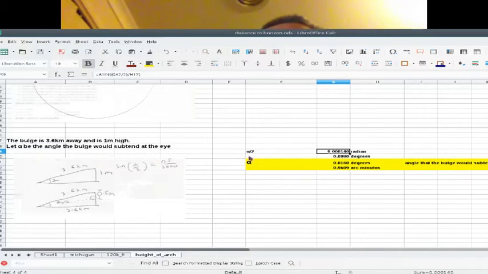So the bulge would only subtend an angle of 0.016 degrees, and it's generally recognised that the eye's resolution is actually 0.02 degrees. So this is less than the resolution that the eye can detect. And so yes, at a height of 2 meters, you cannot detect the bulge of the horizon.